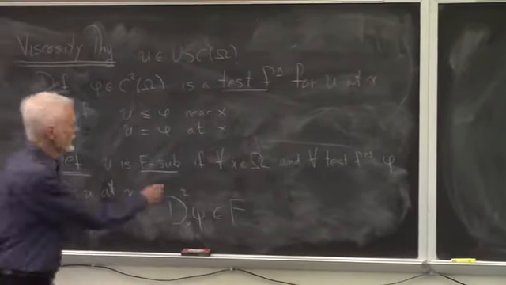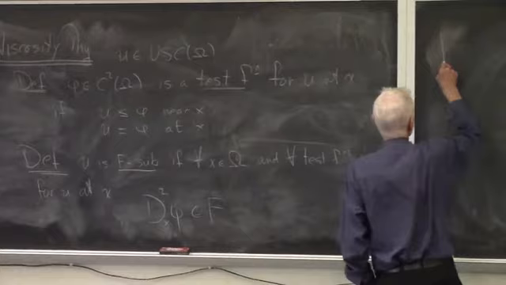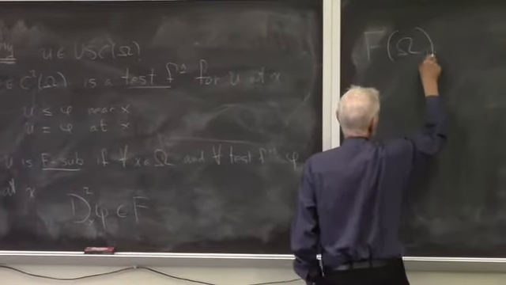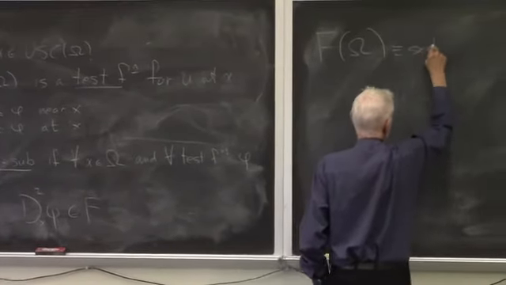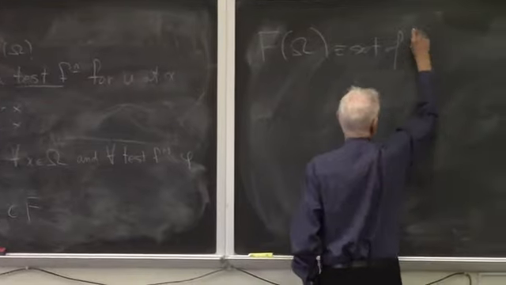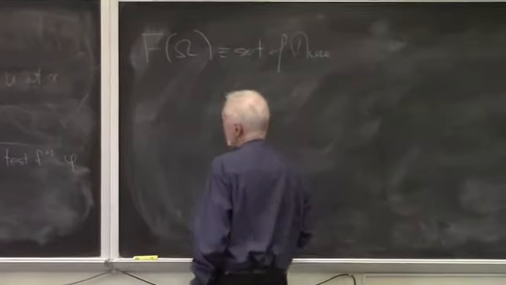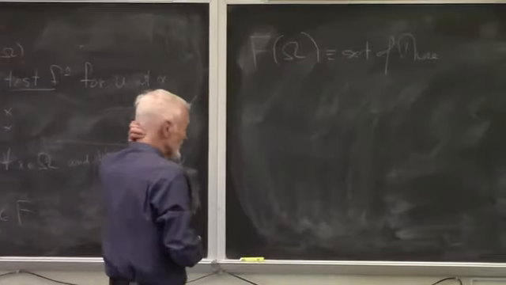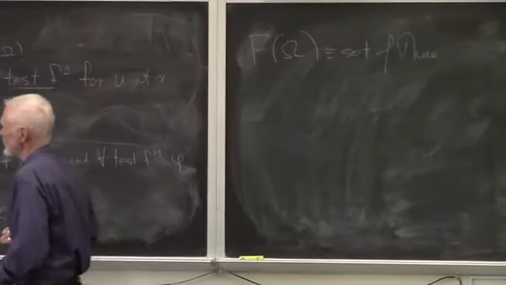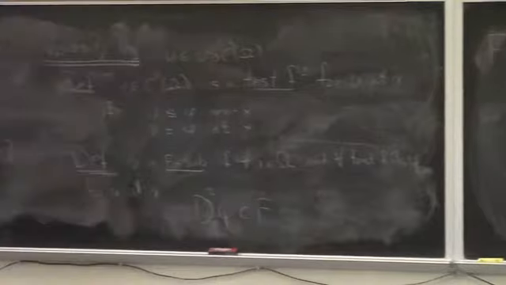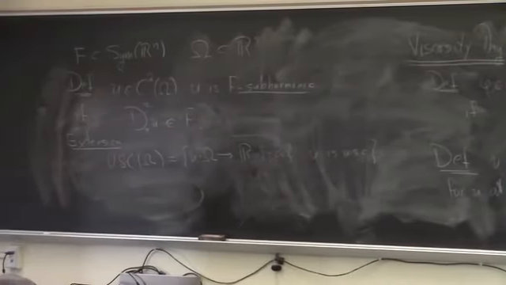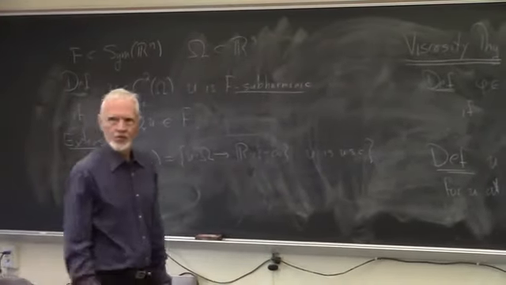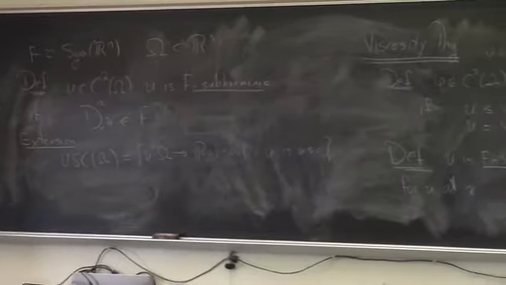So the set of these things, the set of F subharmonic functions, is going to be denoted by F of omega. And now, it turns out, in order to claim that this really is an extension of this naive definition in the C2 case, you need a condition.